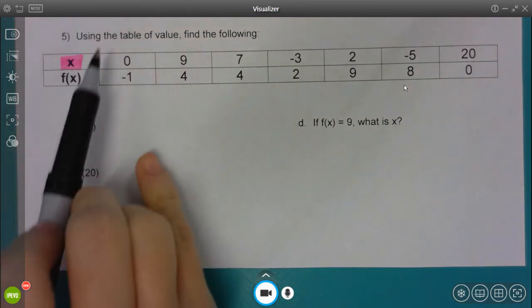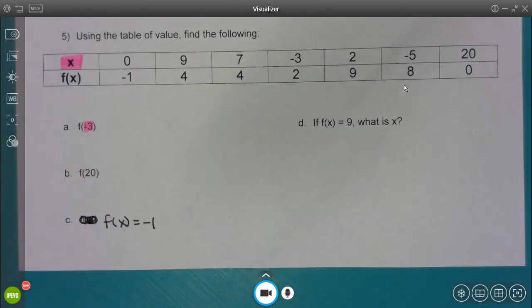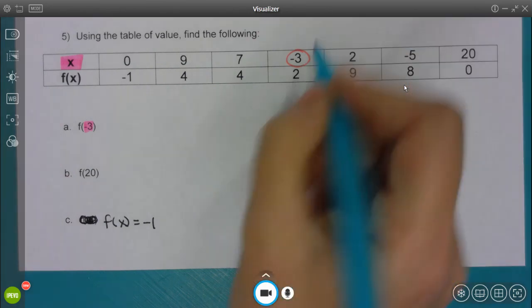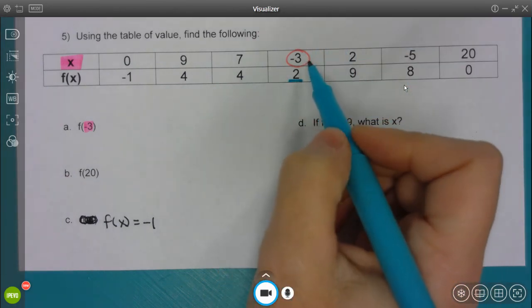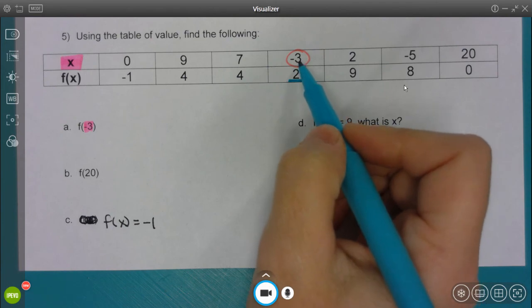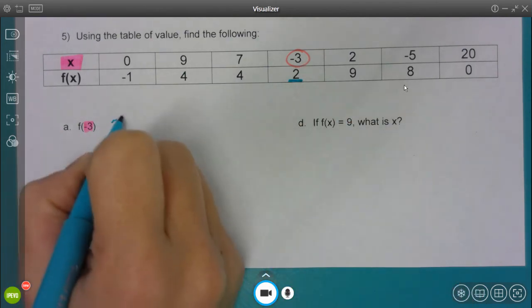So I'm going to go along my x row. Here is -3 for x. Let me get my pink marker. And then I'm going to find the corresponding y value, or f of x value, that matches with that input of -3. So here my answer would be 2.